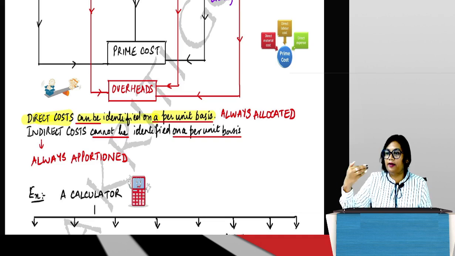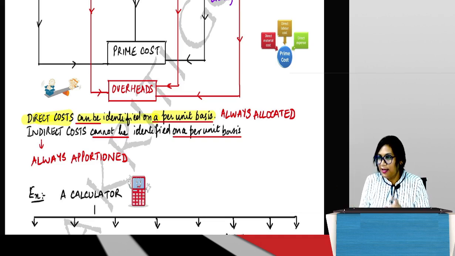Because you are identifying them on a per unit basis, they can be directly associated with the product. Now again, you may be clueless. What do you mean by associating something on a per unit basis? Every time we are in doubt, we'll take an example.